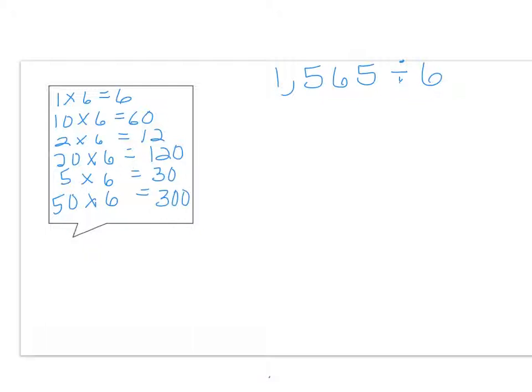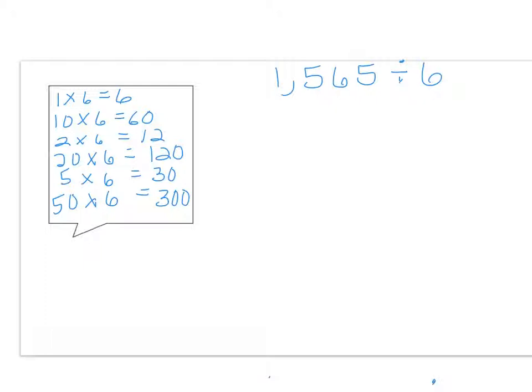Now I haven't gotten over my number, and I'm not really anywhere near it, but if I look at my think bubble and I look at 2 times 6 is 12, 20 times 6 is 120, what if I thought about 200 times 6, and that would equal 1,200.